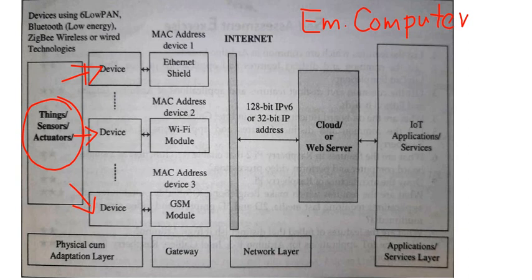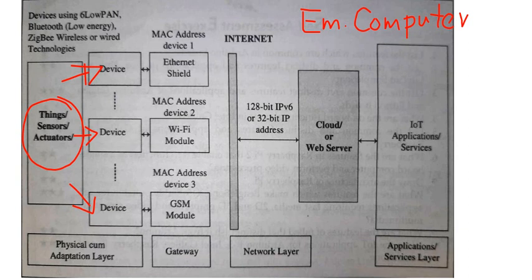It could be a cluster of embedded computers depending upon the application. To begin with, we will always consider a single sensor, a single computer, then a single gateway to connect it to the internet, then a single cloud service provider, and maybe a single application.